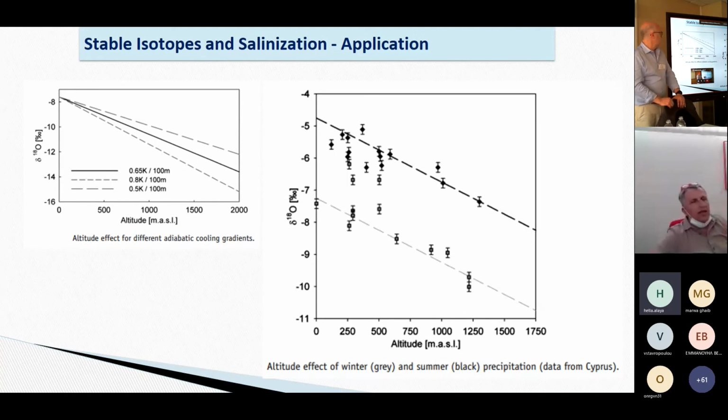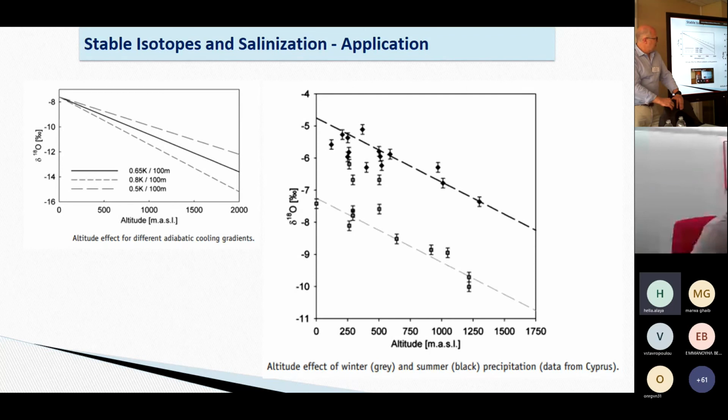And this elevation effect can be calculated, and you need to do this as a kind of regional study. What the elevation effect is, usually it is between 0.2 and 0.5, sorry, 0.25 per mil per 100 meters.